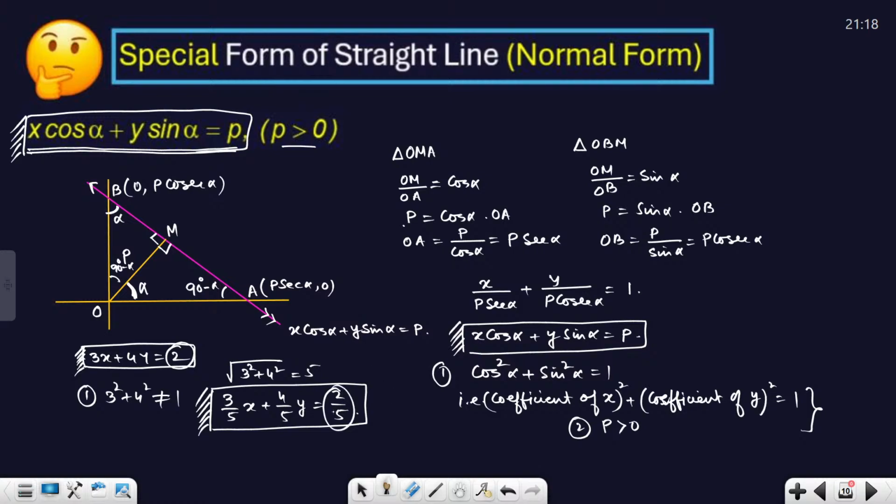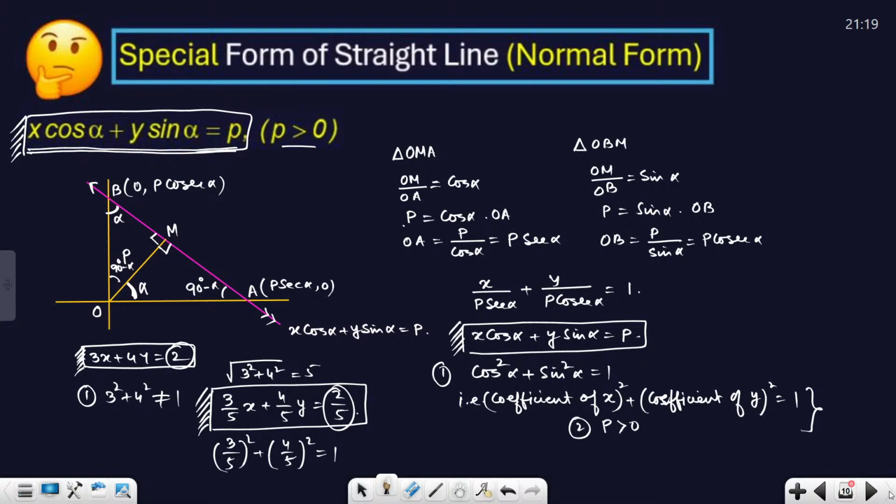Because the right hand side is positive, and moreover, the square of the coefficient of x and the square of the coefficient of y is coming to 1. That's it. So always remember in this way. What are the two things that you have to remember for the normal form? The most important thing is that the square of the coefficient of x plus the square of the coefficient of y must be equal to 1. And the right hand side, p, is always greater than 0. That's it.